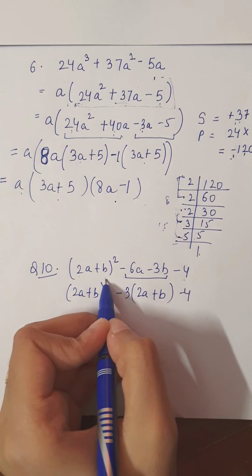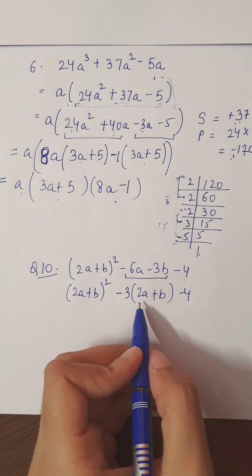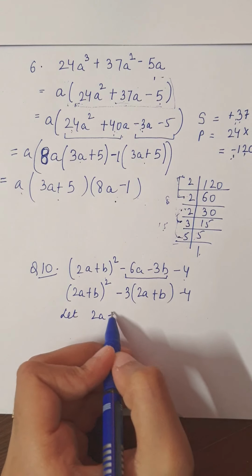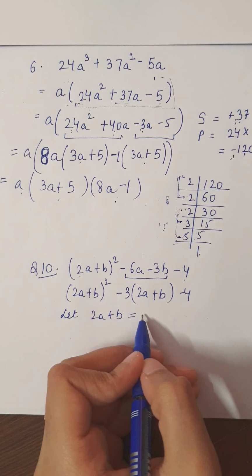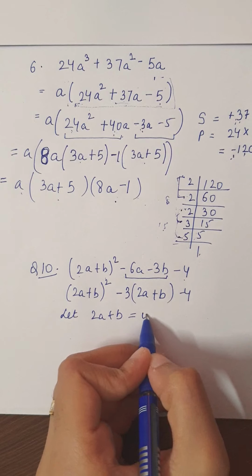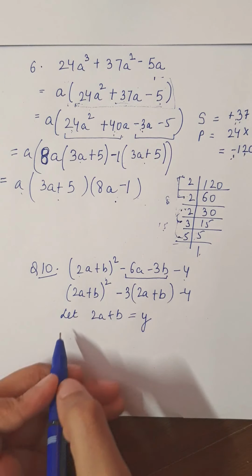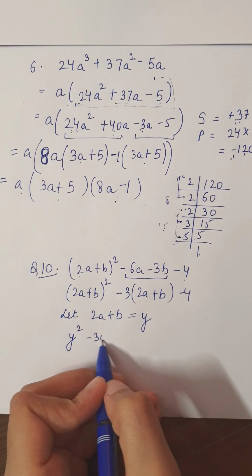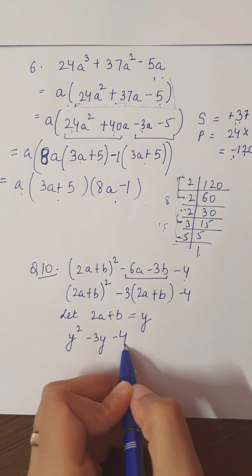So this is just an observation that the brackets are same now. So now let 2a plus b equal some variable, say y. So the question converted to y square minus 3y minus 4.